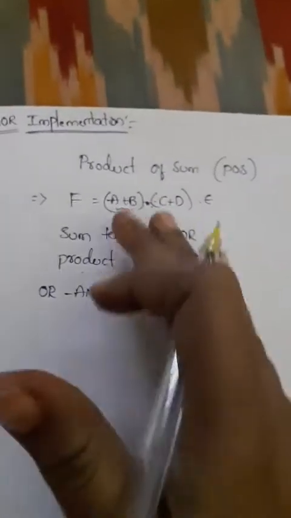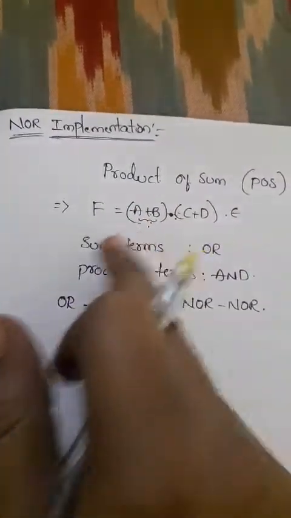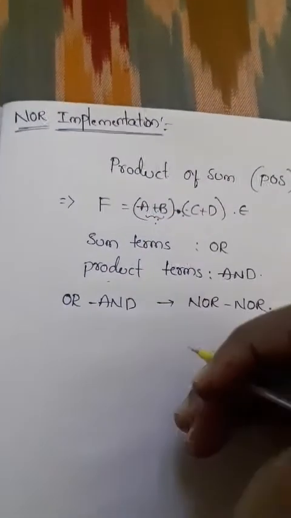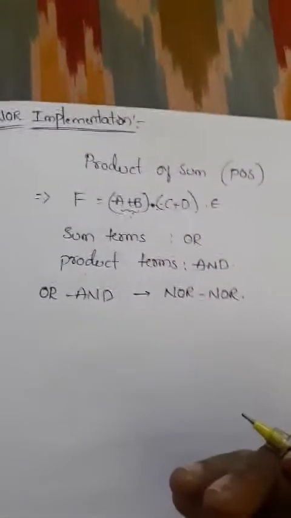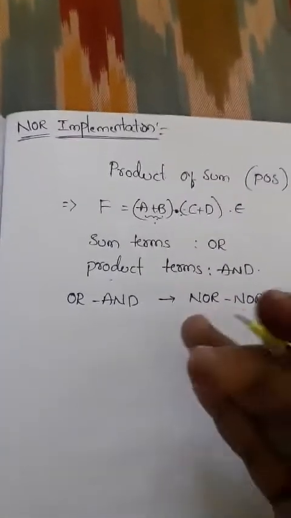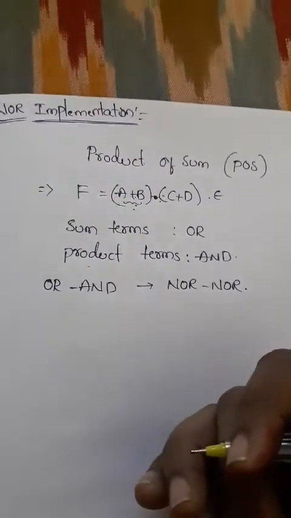This expression generally consists of AND gates and OR gates. If you design this expression as a logic diagram, we get the expression in the form of AND and OR gates, right? We need to convert those AND and OR gates into NOR gates by using some graphic symbols.